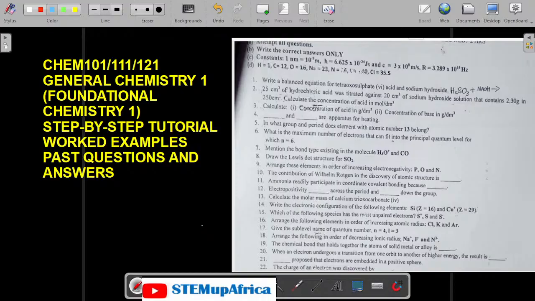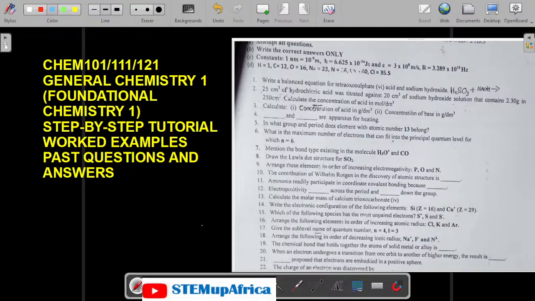Write a balanced equation for tetraoxosulfate 6 acid and sodium hydroxide. The chemical formula they wrote on the question is not the chemical formula for tetraoxosulfate 6. So we're going to write the correct one, write the equation and see how we're going to formulate the product. To obtain the product, there's something you need to know.